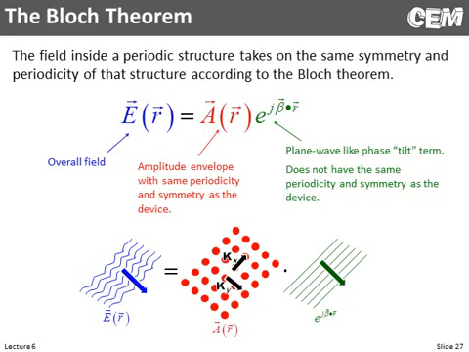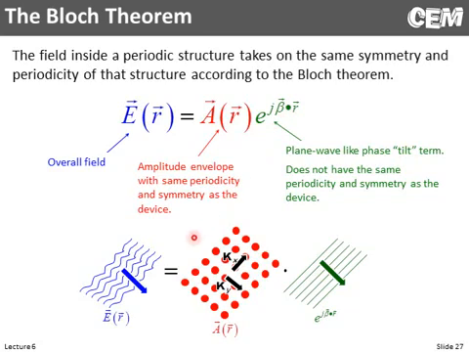So now we come to what is called the Bloch theorem. In fact, the electric field inside a periodic structure has two parts to it. It has an amplitude portion and this plane wave phase looking term. So the total electric field equals some amplitude envelope times a plane wave phase term, if you will.